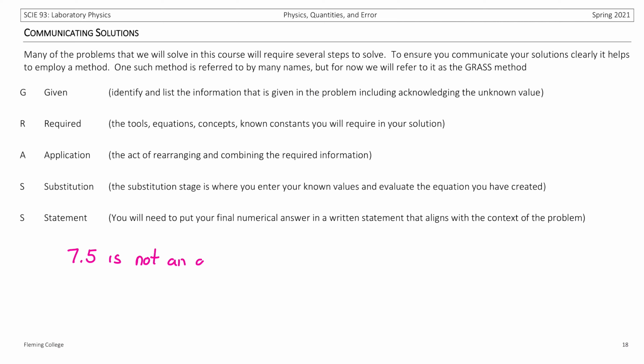So the substitution step is where you enter all your given values and you evaluate the equation that you've created. So the substitution step includes solving. So you're going to end the substitution step with a value. The second S is the statement. That value isn't useful to anybody until you make a statement that puts your final numerical value into the context of the problem.